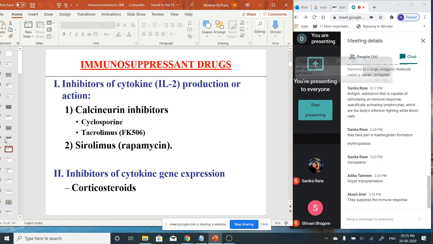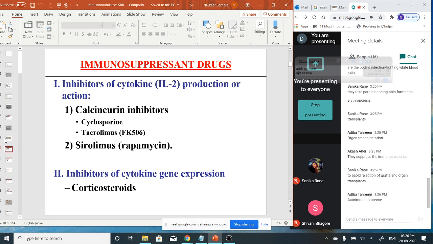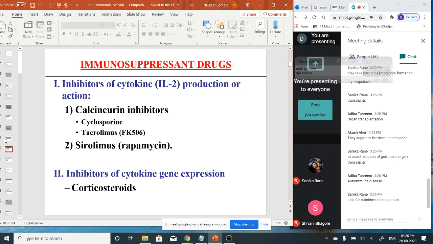Okay, only organ transplantation. Yes, Akash, they suppress immune response, but why do you want to suppress immune response? If you say that it is a body defense mechanism and it is good, then why do you want to do it?